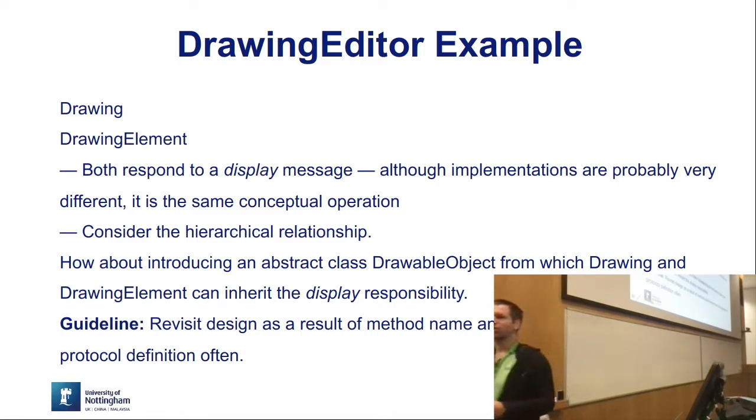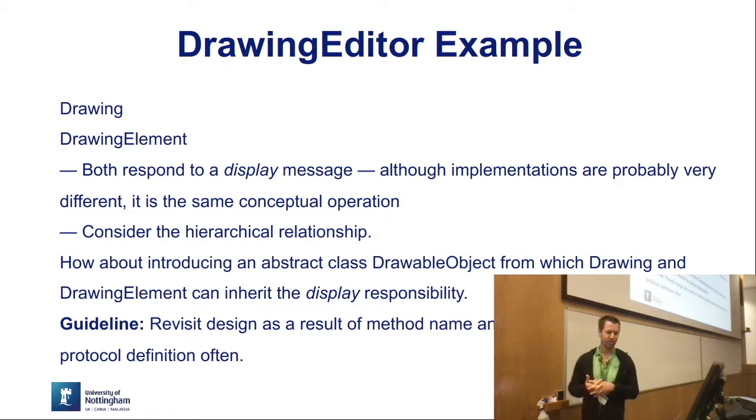For example, a drawing knows how to display itself, and a drawing element knows how to display itself. So they're both going to have a method inside of them called display that are conceptually the same, but the implementation is going to be different.